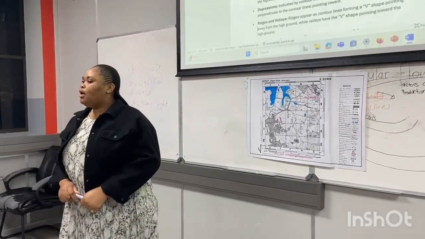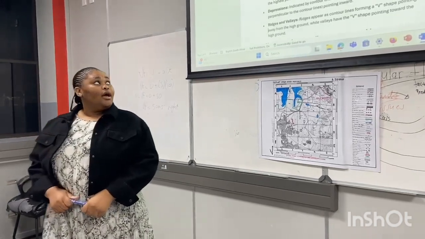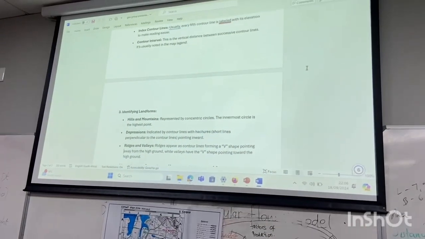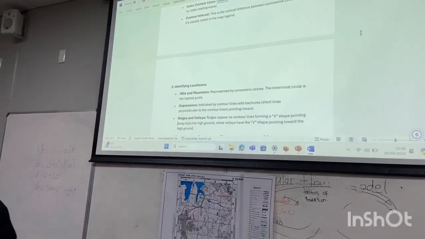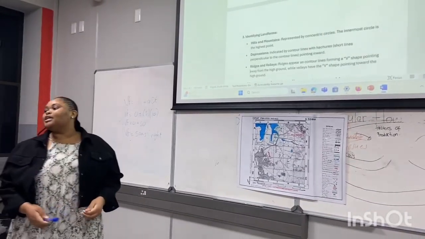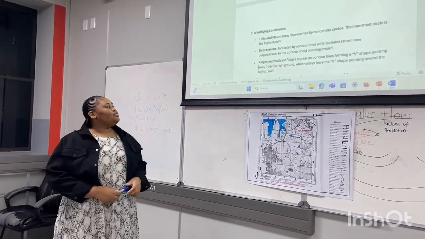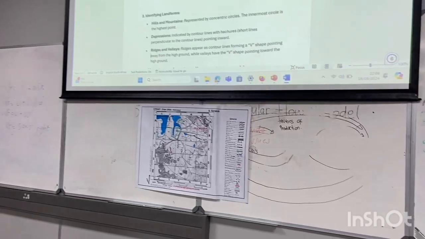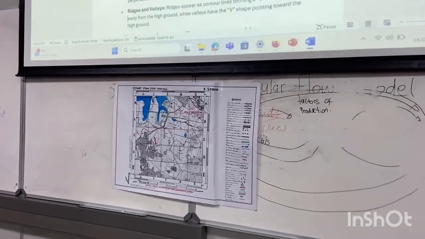Okay, so moreover, grade 9, we have index contour lines. Index contour lines are usually every fifth line that is labelled with its elevation, making reading easier. And then we have contour interval. The contour interval is the vertical distance between successive contour lines.